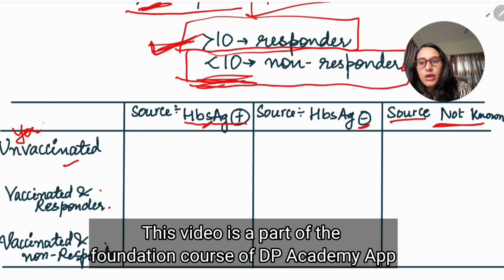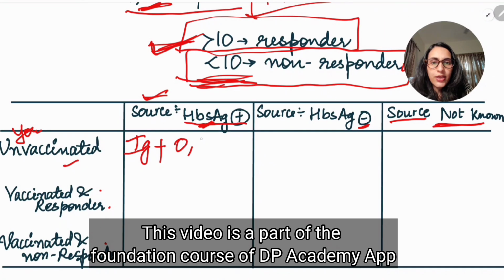So this is you, and this is the source from whom you have accidentally come across the needle stick injury. If the source's surface antigen is positive and you yourself are not vaccinated, you need to get immunoglobulin and also vaccination at 0, 1 and 6 months.